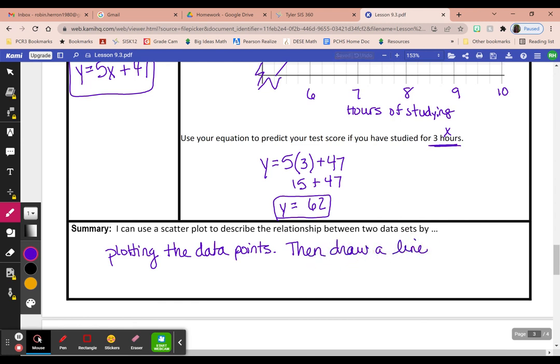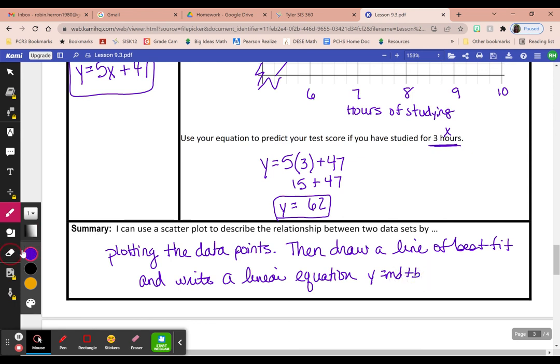I'm going to put here line of best fit because we want it to fit through the middle as best it can. And write a linear equation. Okay, so again, y equals mx plus b.